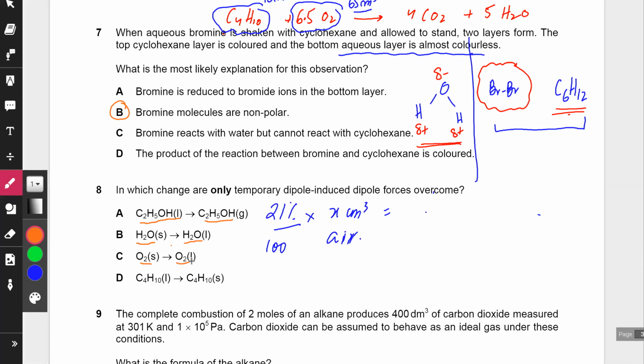So only van der Waals forces, right? Because it doesn't have a permanent dipole. The only thing is that temporary dipole, induced dipoles are going to be produced. And this is also non-polar. So it's either C or D, one of the two.